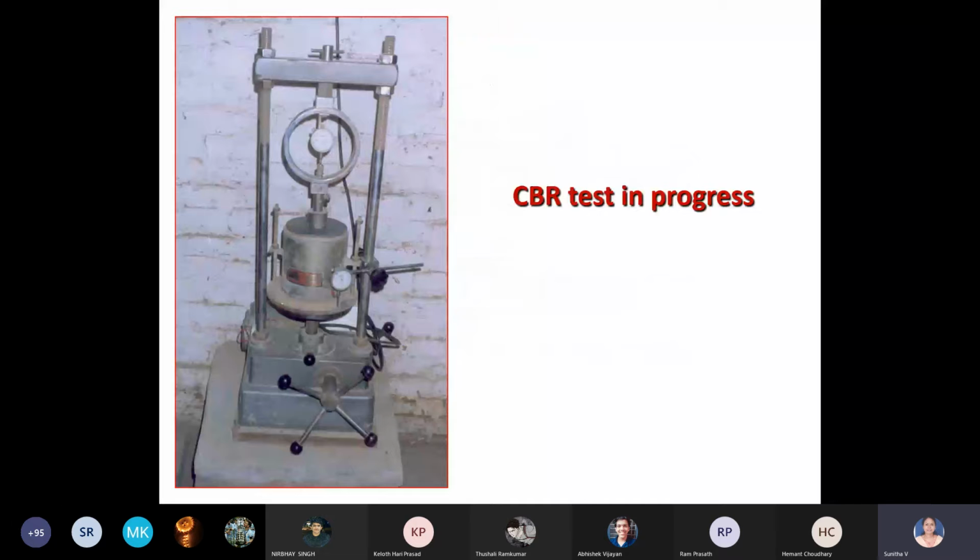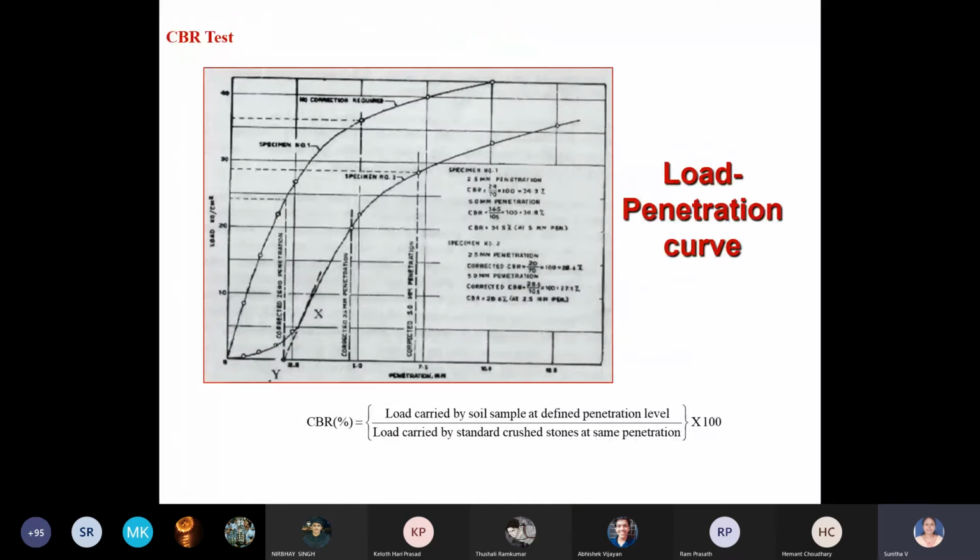Other one I would like to mention, this test I hope everybody knows. You have to draw a curve of the load required for the various penetrations. Then graphs will be drawn, and see this bottom graph, again it's a CBR test only, but you can see a concave part here.